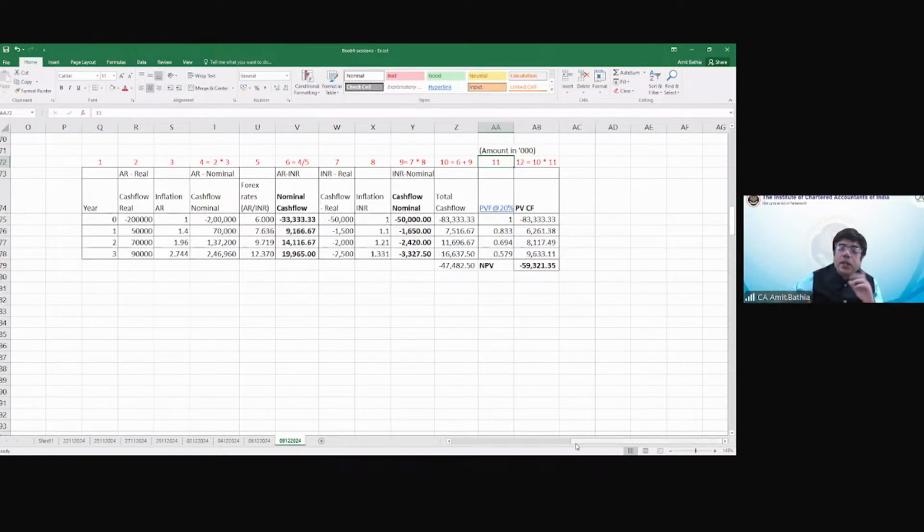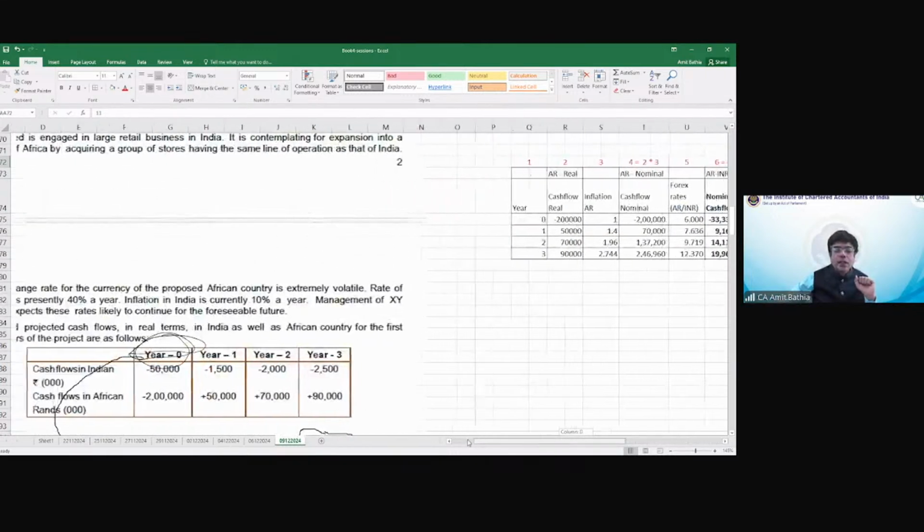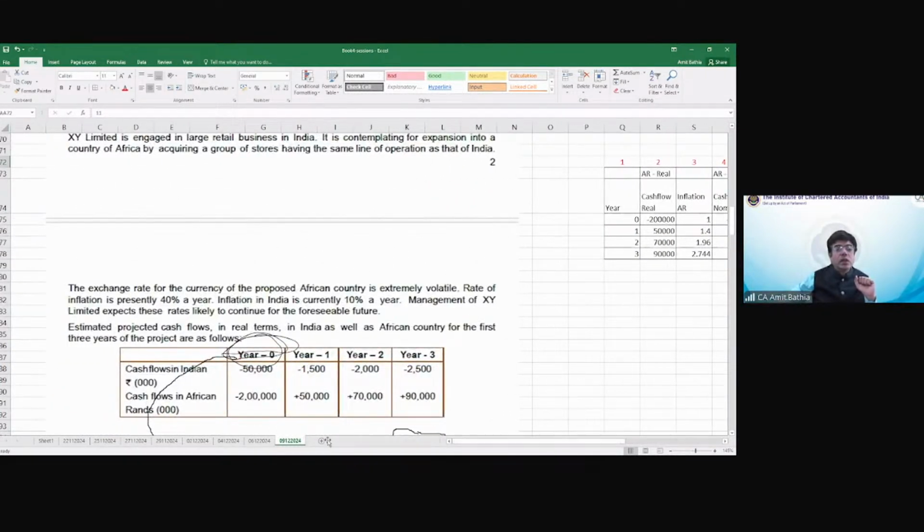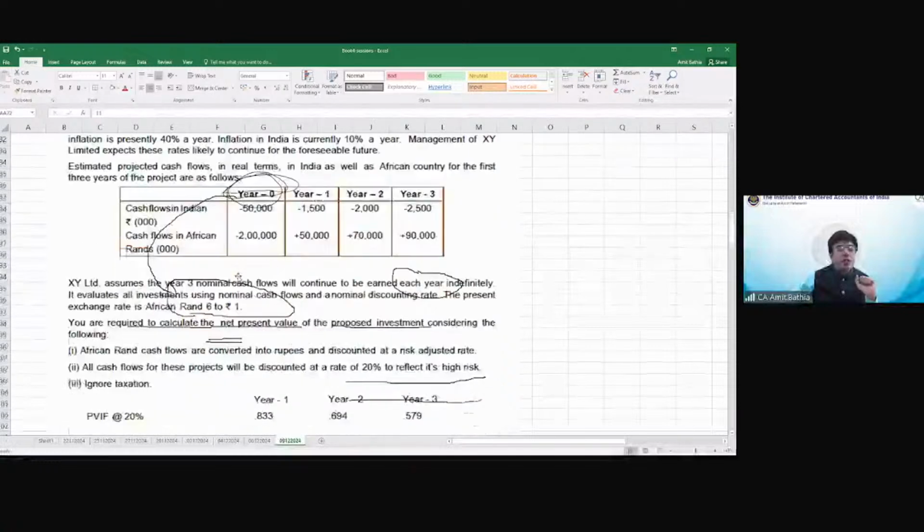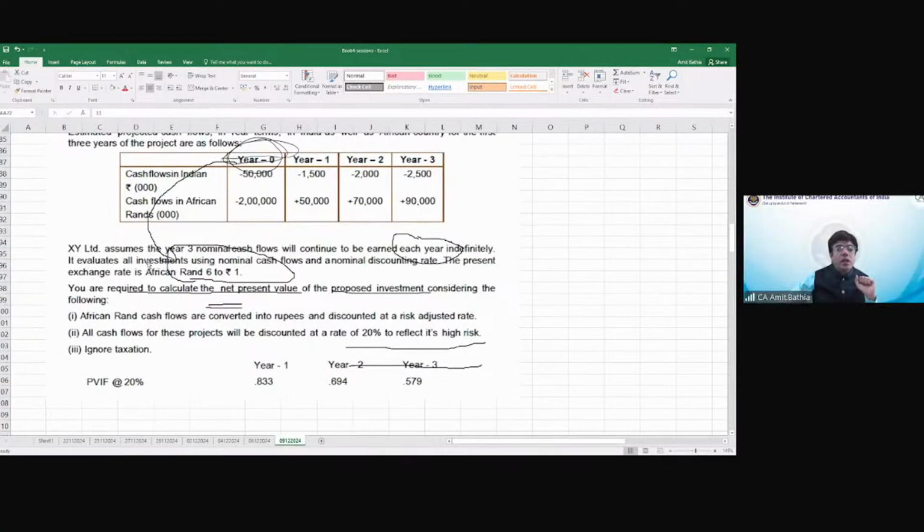So my NPV after 3 years is minus 59,321. But there is one very important adjustment which is not being factored in, and that is the information we are given over here.